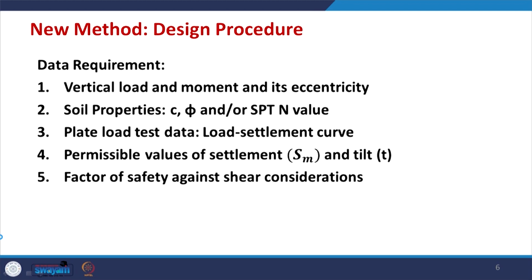Besides that, we should have some plate load test data, where you have the load settlement curve from the plate load test. That data will be used in the design. Then the designer needs to know the permissible value of maximum settlement, as well as the tilt that can be allowed.